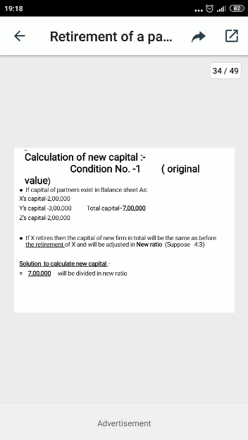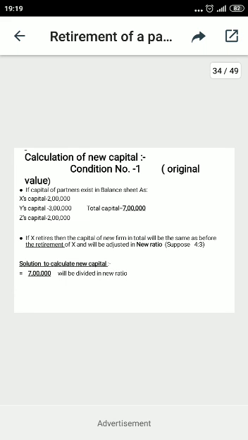Now, the first is example number 1: if the adjustment of the capital is given on the basis of original value. So listen again. Here I have given one example: X, Y and Z with capitals of 2 lakh, 3 lakh and 2 lakh, existing before the adjustment in the balance sheet, and the total of all three is 7 lakh.